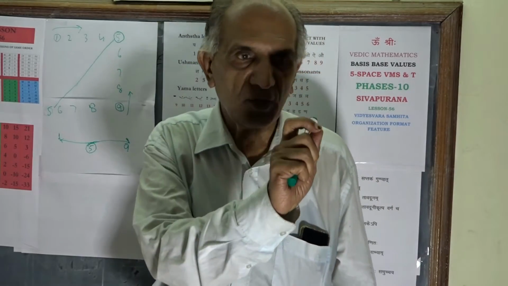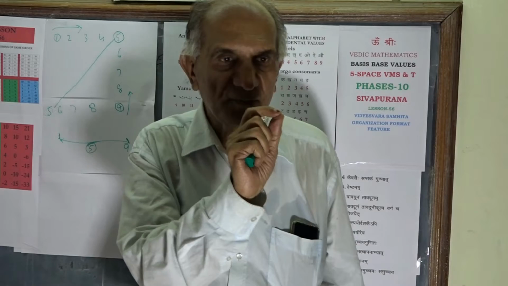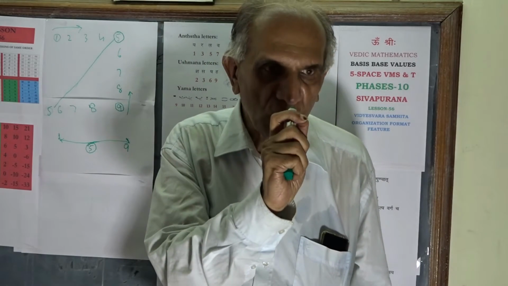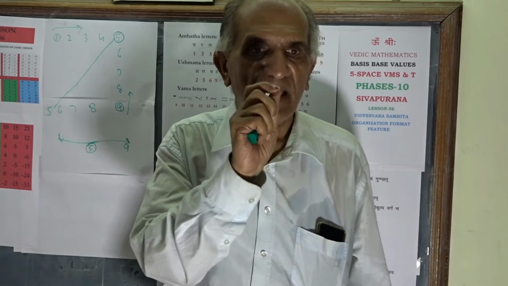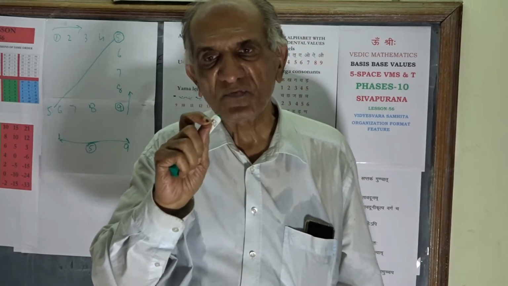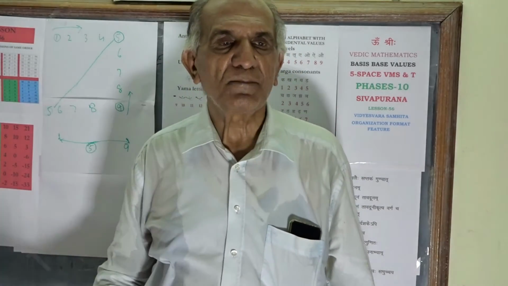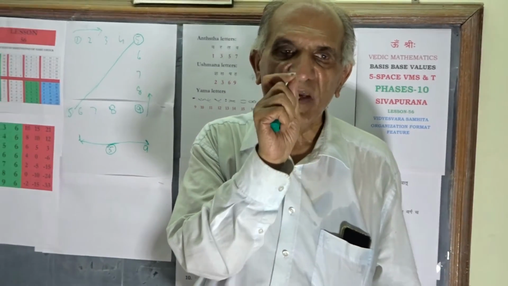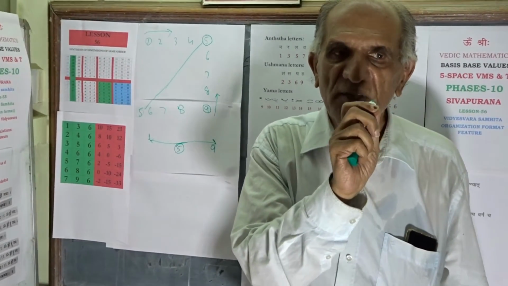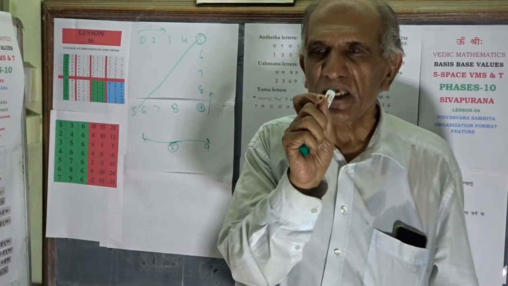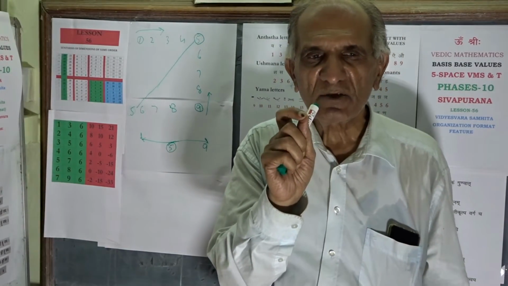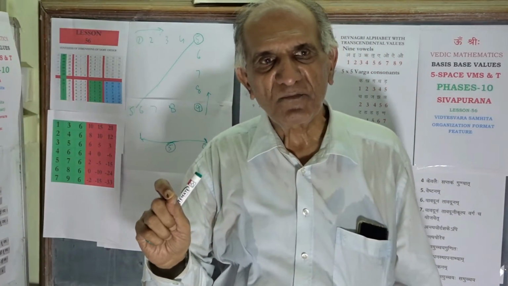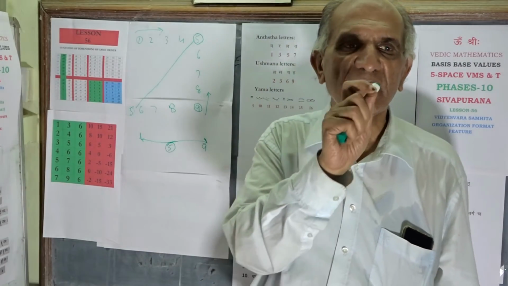One should make a note that we have to be very slow in reading the text of Shiv Puran. We have to be cautious that each letter, each formulation, each word, each organizational feature has a mathematical message.